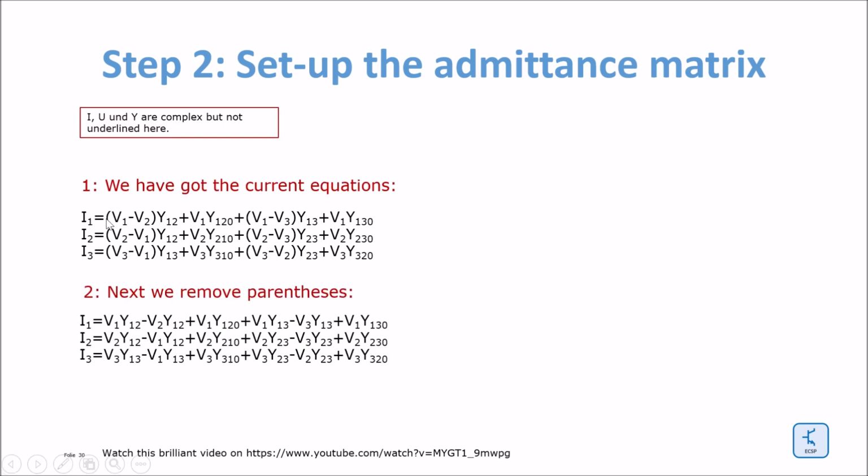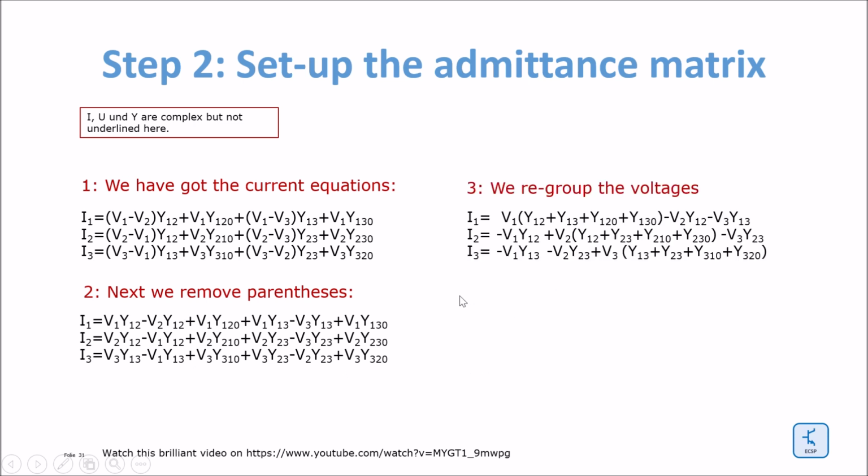The next step is that we are removing the parentheses. So here there is no parenthesis anymore, so this is exactly the same expression like this one, but we just removed the parentheses, and we do that for all the 3 equations. The next step is that we regroup the voltages, so all the admittances which are connected to the same voltage are put in parentheses, so I have only one voltage, and all the admittances are within brackets.